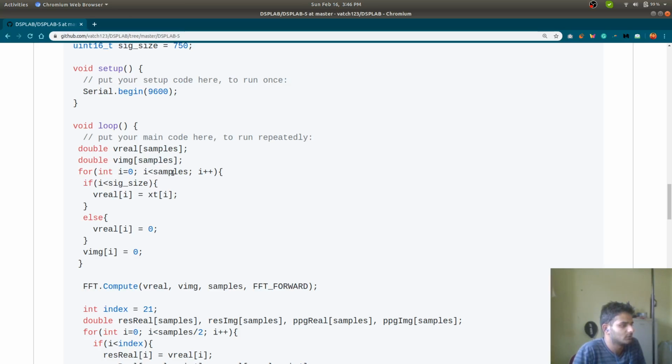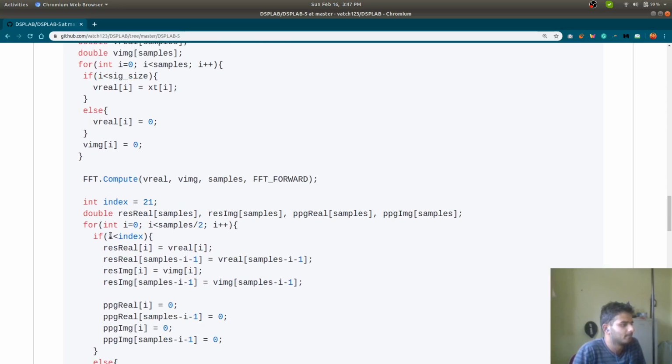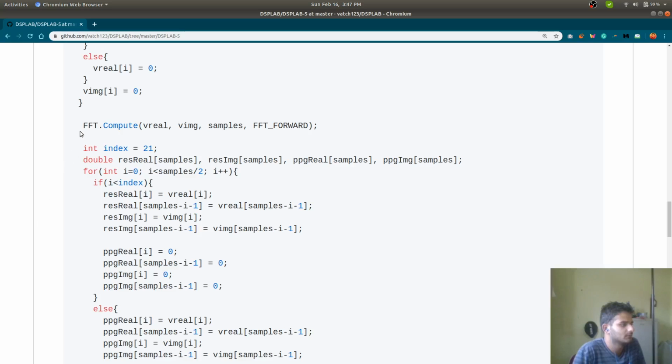For i = 0, i less than samples, so till i is less than the signal size, we copy the real part to vReal. After that, everything in vImag is 0, for all the imaginary parts. Coming to the FFT computation, FFT.compute(vReal, vImag, samples, FFT_FORWARD). This is a keyword which determines that we want to take an FFT.